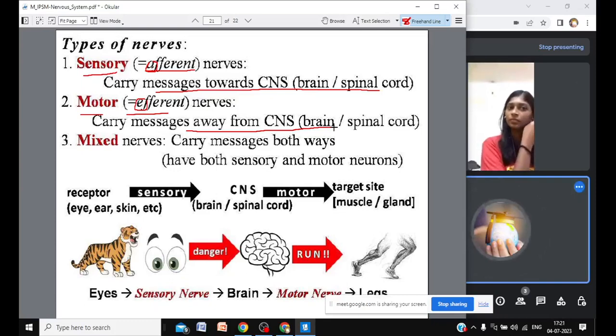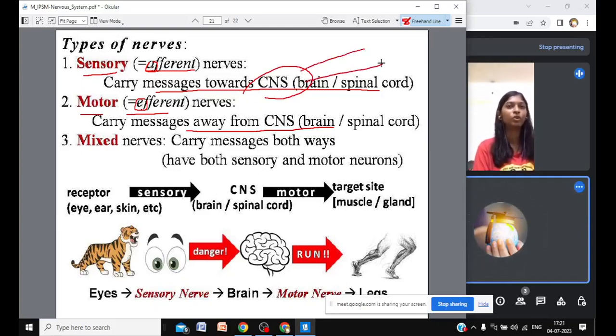So one is going to the brain and one is coming out from the brain, or one is going to the spinal cord and one is coming away from the spinal cord. From the point of view of the CNS, the brain and spinal cord, the incoming signals, those which are coming into the brain and spinal cord, will be sensory, and those which are going away from the brain and spinal cord will be motor.